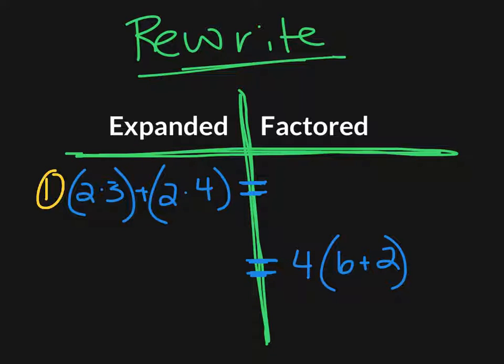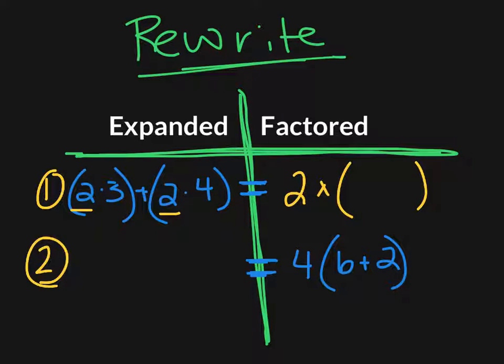I want you to take a look at the first example. The first example is giving you the expanded form, and I want you to look for the common number in both sets of parentheses. I see a 2 in both sets of parentheses, so that tells me that that 2 is going to go out front in my factored form.